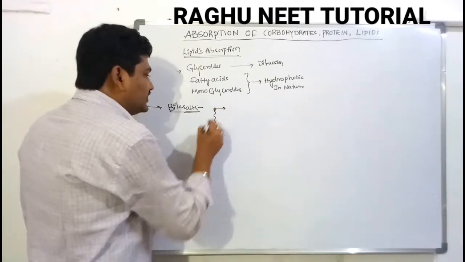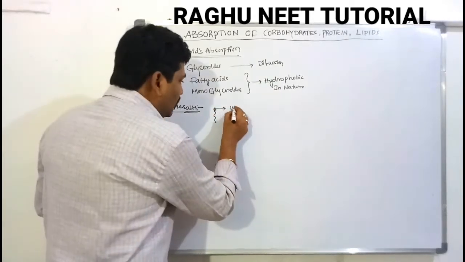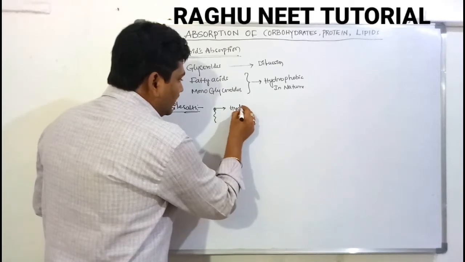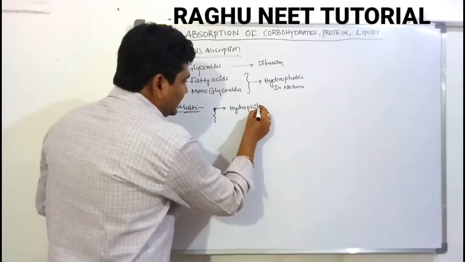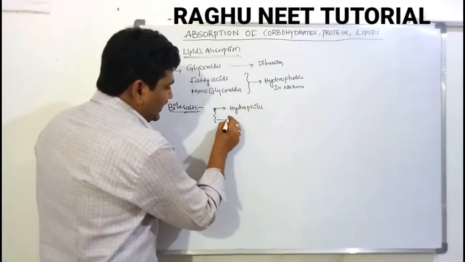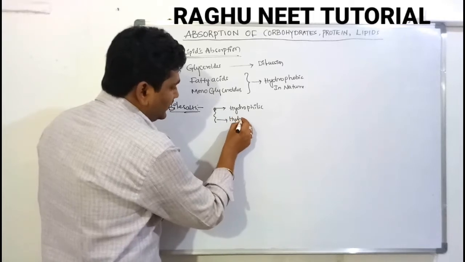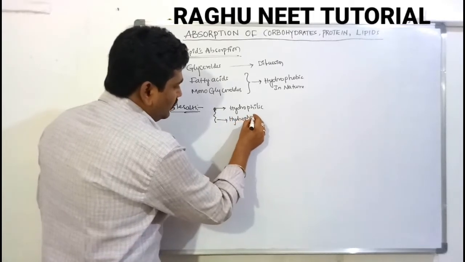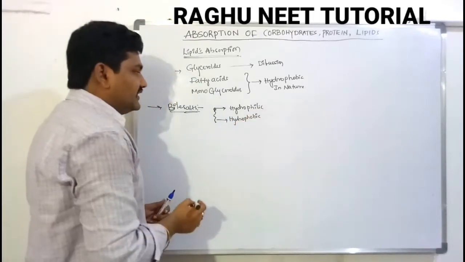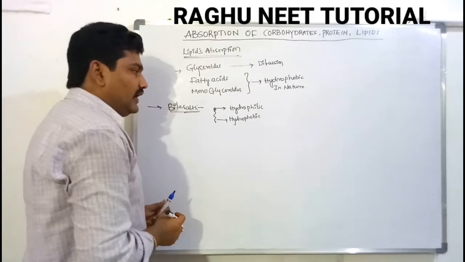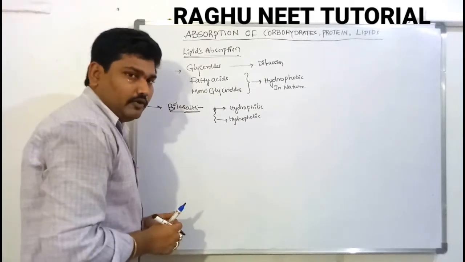The head portion is called hydrophilic. The tail portion is called hydrophobic. What is the tail portion called? Hydrophobic. The head region is called hydrophilic.